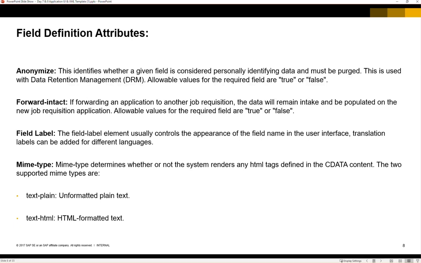So you can see here text plain just refers to unformatted plain text, but we can use a MIME type text HTML. So this just means that if a customer is putting in some instruction headers maybe into their application form, they can maybe create some paragraphs or tables using HTML code. They might be able to add some styling and maybe some different colors of fonts, things like that. So we do support HTML, but only when MIME type HTML is used.